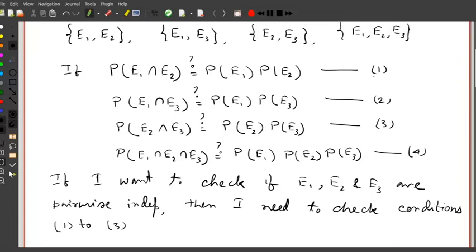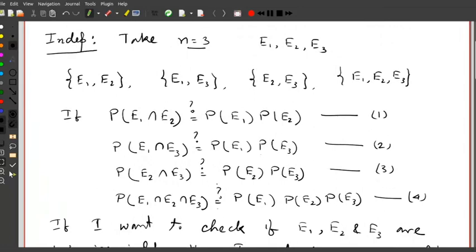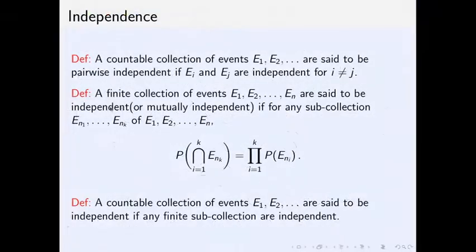So that basically means that I need to check 1, 2, and 3, but when I have to check whether three events are mutually independent or not, I have to check another extra condition, which is the probability of E1 intersection E2 intersection E3, whether this probability is equal to the product of the probabilities or not. Okay, so I hope pairwise independence and mutual independence in case of a finite collection of events is clear to everyone.